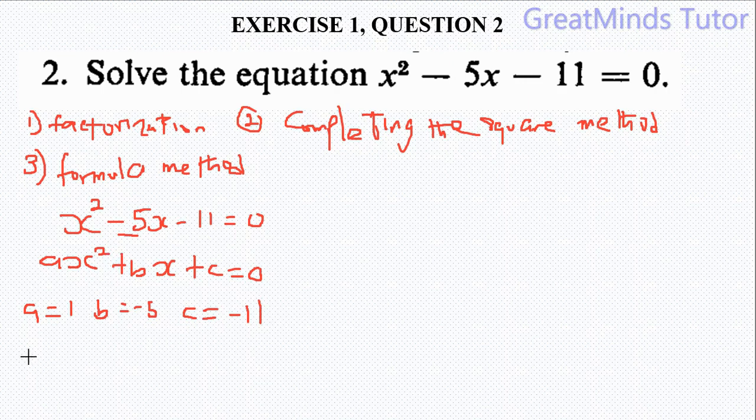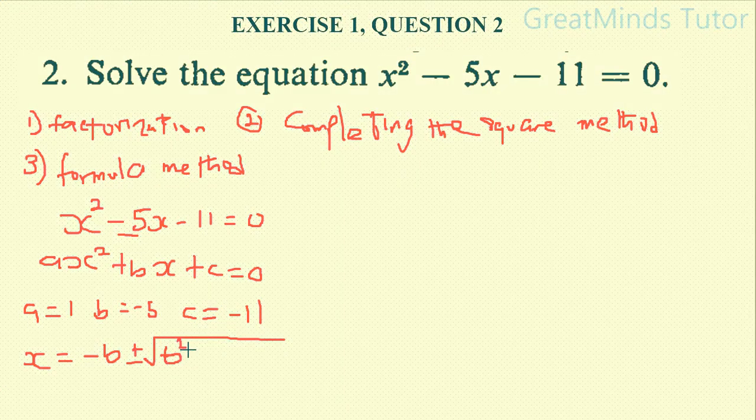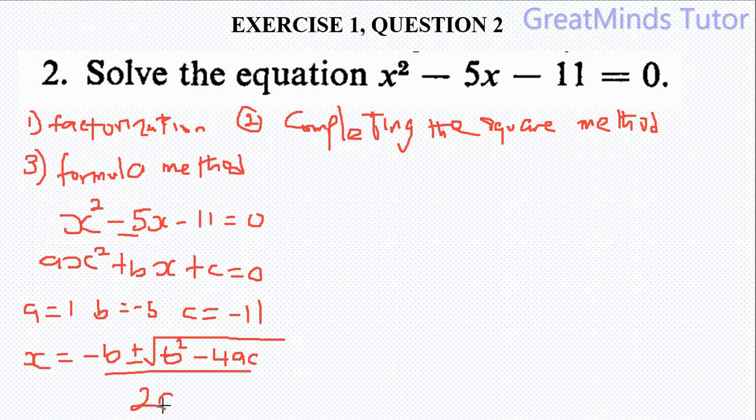And what's the formula? It is x equals negative b plus or minus the square root of b squared minus 4ac, all divided by 2a. So if we substitute, a is 1, b is negative 5, and c is negative 11. Let's substitute that here.